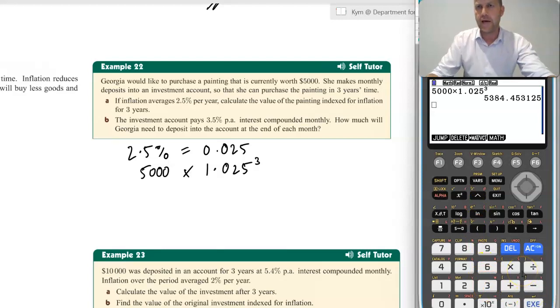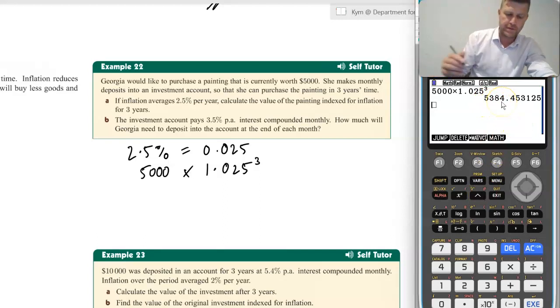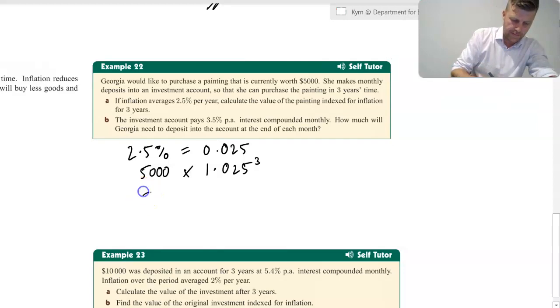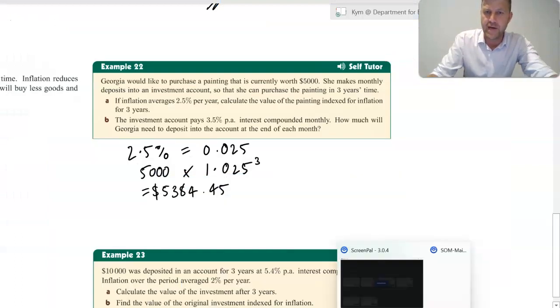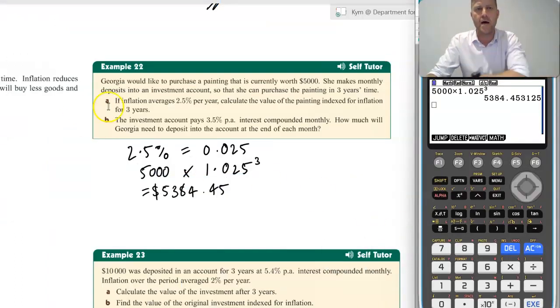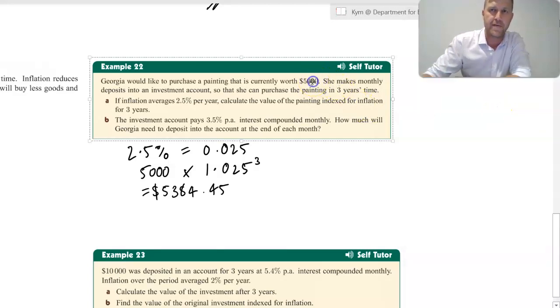In this case, it's telling us the index value of the painting is $5,384.45. So you'd expect that in 3 years' time, Georgia would need to actually pay $5,384.45 for the painting, but at the moment it costs $5,000.